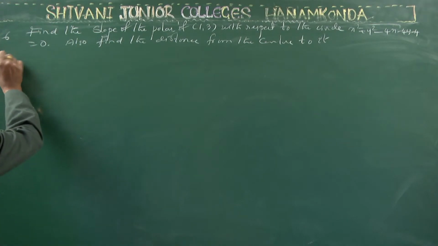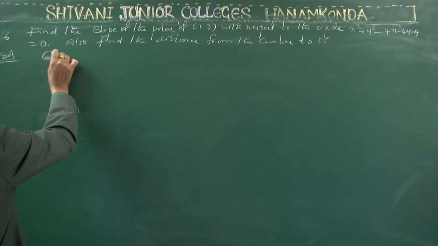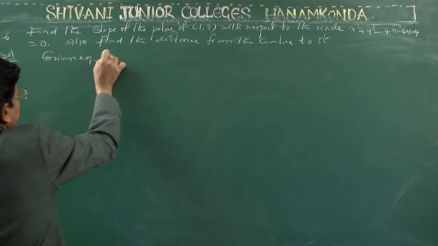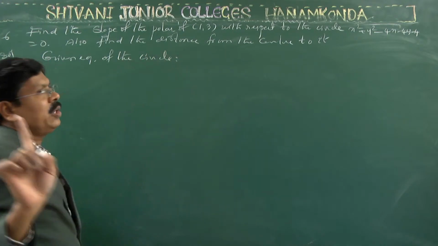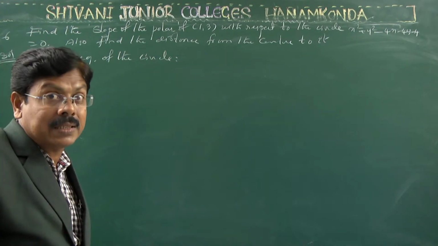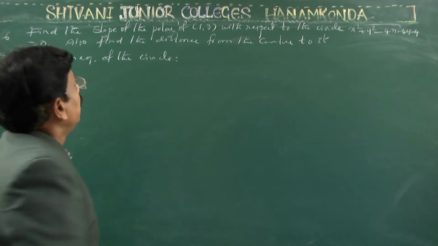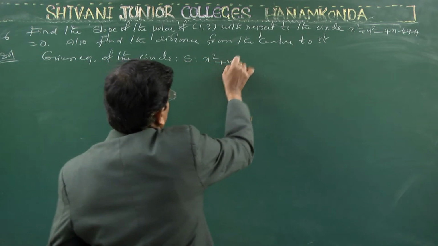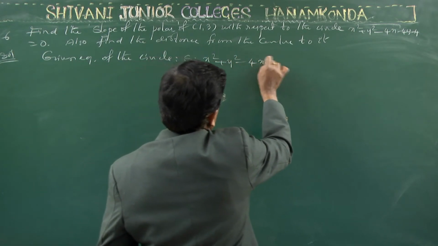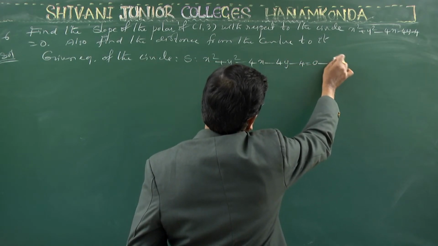Okay, fine. What about the process? First, you can write the given equation of the circle. Everything about the solution you know. Just follow the process, like drafting, a sequence. The circle is S: x square plus y square minus 4x minus 4y minus 4 is equal to 0.